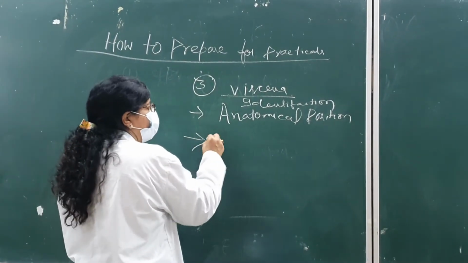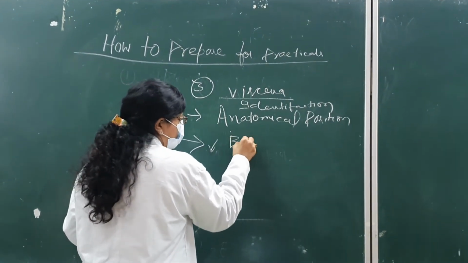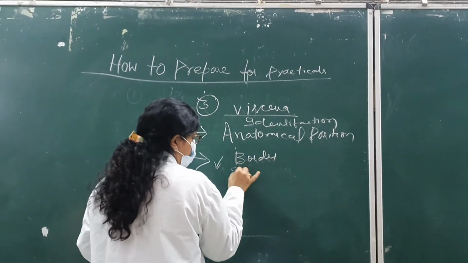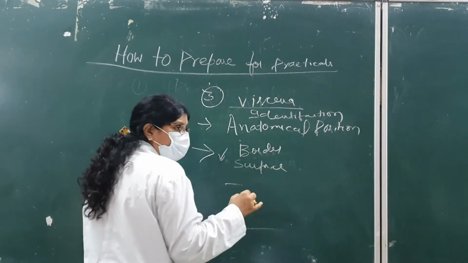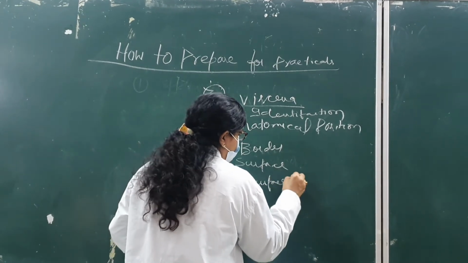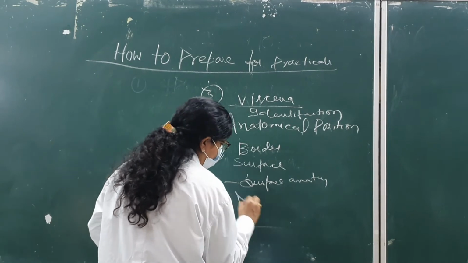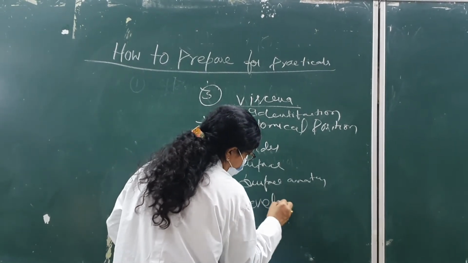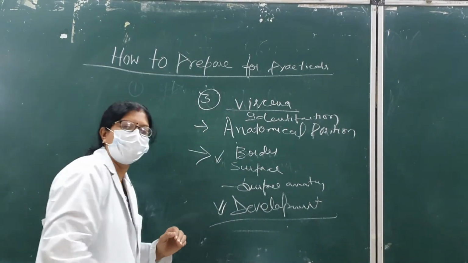Now important viscera: the border, surface, then surface anatomy of important things, and development. Development is very important here. Embryology, you have to know at least 4 to 5 lines about the development.